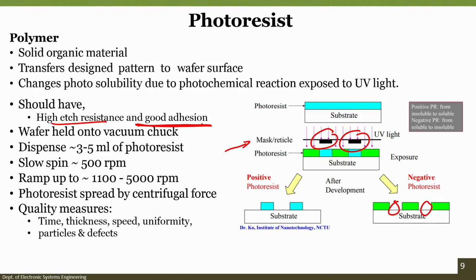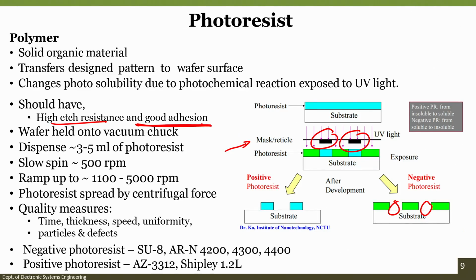Photoresist is spread by centrifugal force, and the quality measures are time, thickness, speed, uniformity, particle defects. There are several kinds of photoresist, from SU8 to ARN 4200, 4300, 4400, while positive photoresists are either Shipley or AZ3312. There are many more.